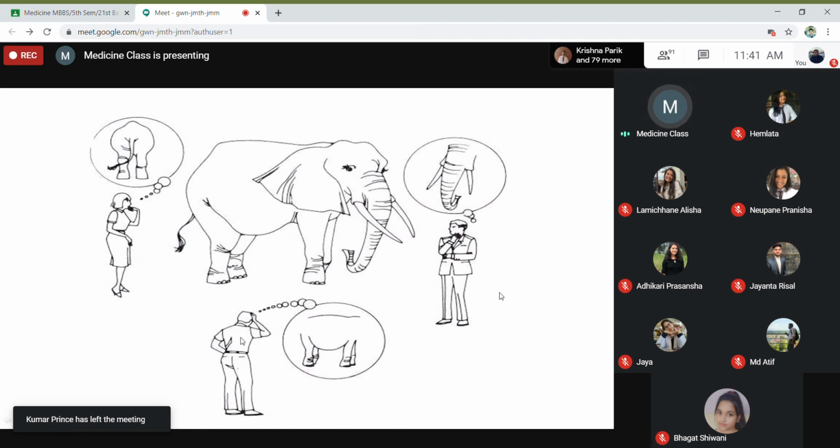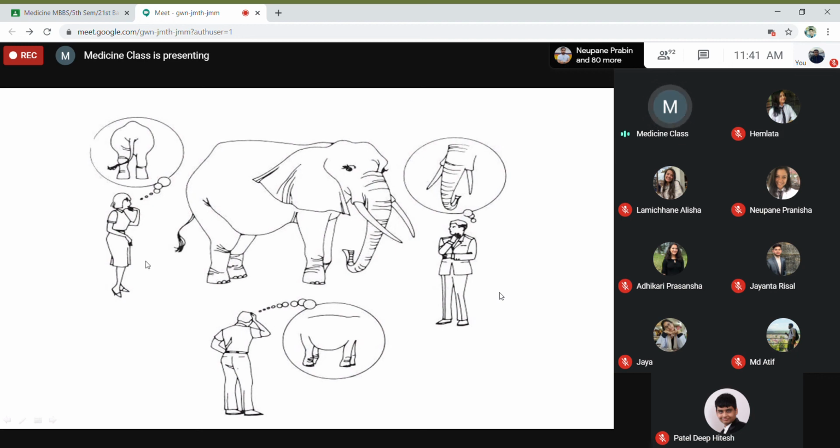Another blind man can feel the body of the elephant and say that it's like a wall, or describe it in a different way by feeling the trunk. So this is only partly true, because they didn't feel all the parts of the elephant and just described what he or she felt.